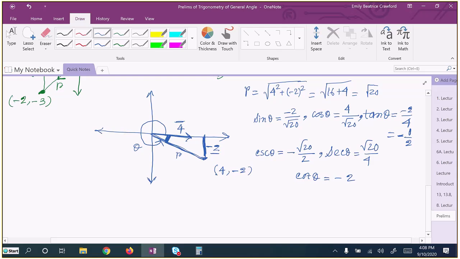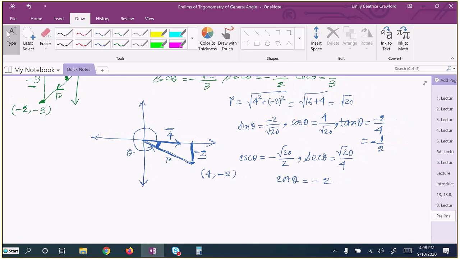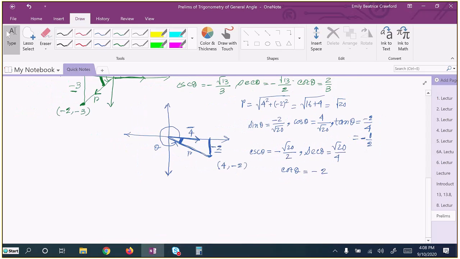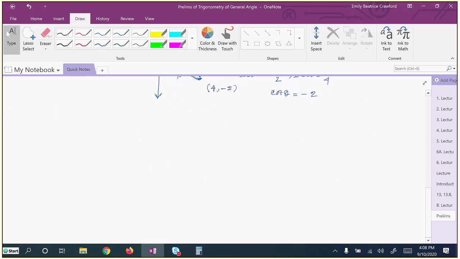So what information have we obtained so far? Depending on which quadrant we are working in, the signs, the positivity or negativity, of the trigonometric ratios are going to vary. So we'll adopt a general rule, and we will remember it this way. In the first quadrant, all trigonometric ratios are positive. Doesn't matter whether I am doing sine, cosine, tangent, cosecant, secant, or cotangent.